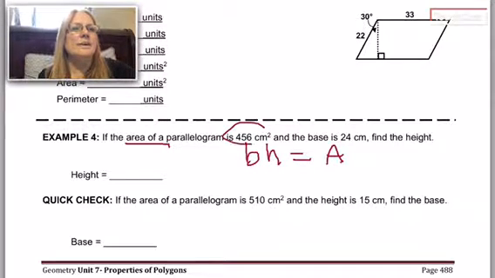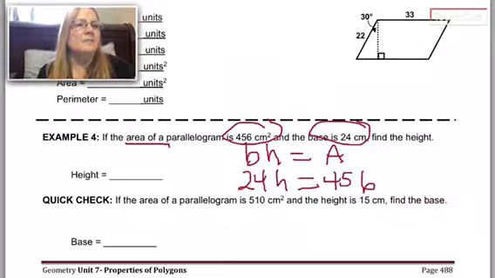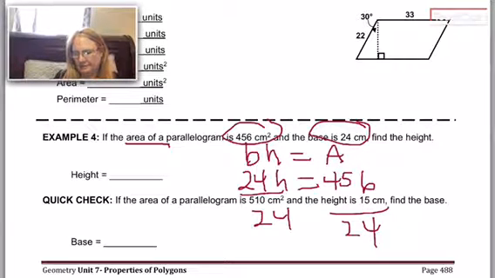They give us the area is 456. So instead of A, I'm going to put 456. And that is equal to base times height. And they gave us the base is 24 times the height. So now it's just a division problem. 456 divided by 24 is 19.